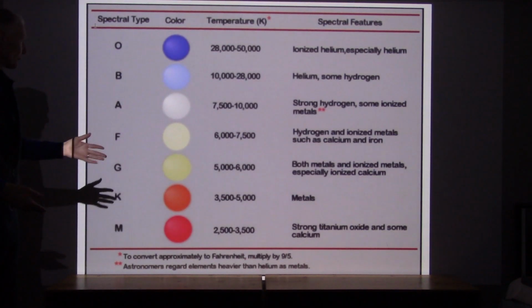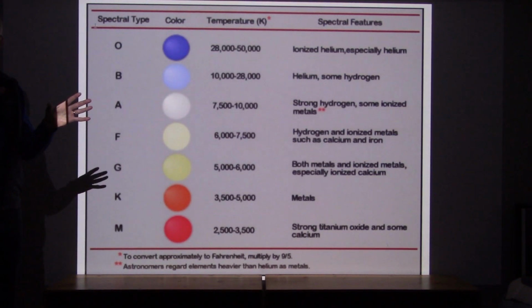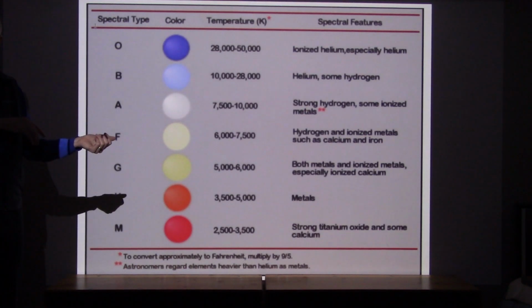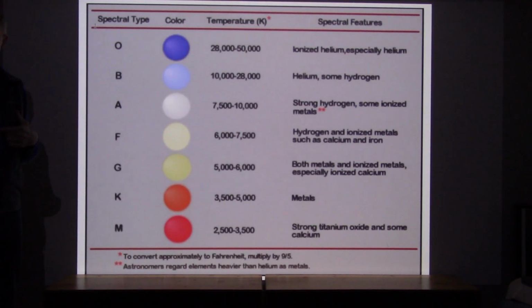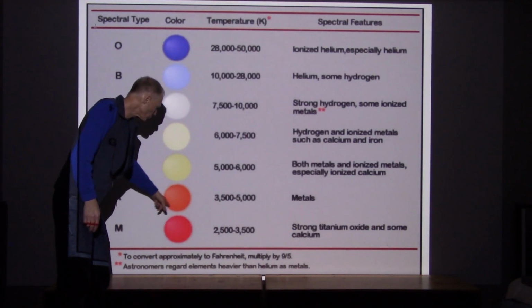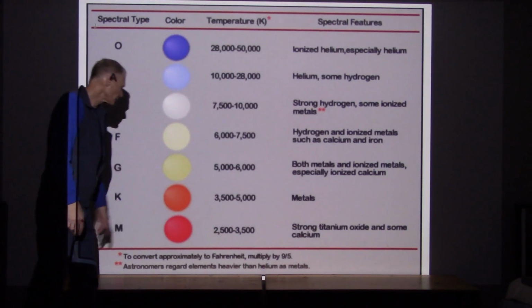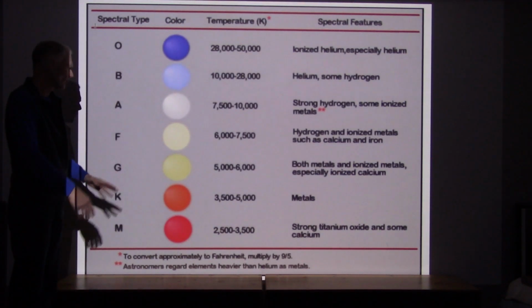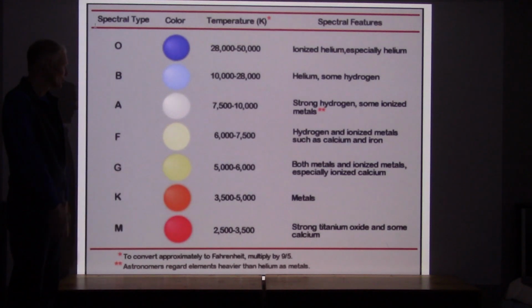At 3,000 Kelvin, most of the luminosity of that star is going to be in the infrared. What is in the visible part of the spectrum is going to be mostly in the red part of the spectrum. So that's a red star, and we'll see what types of red stars we have.